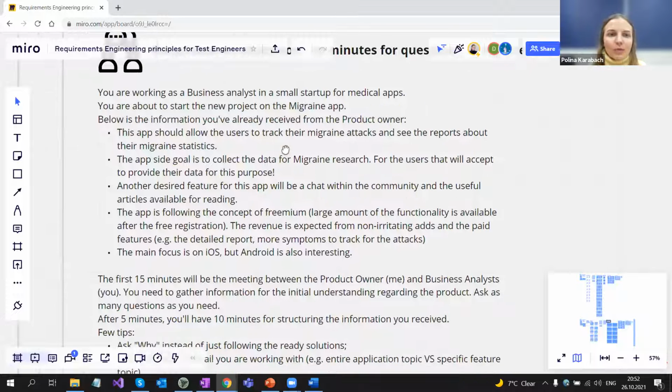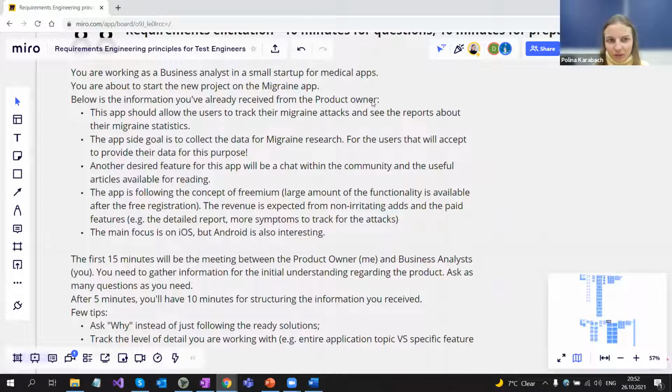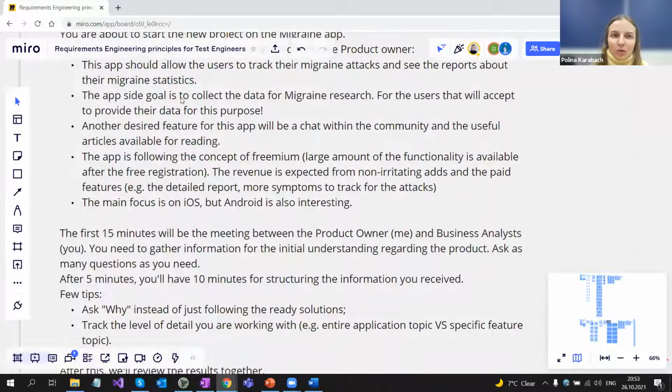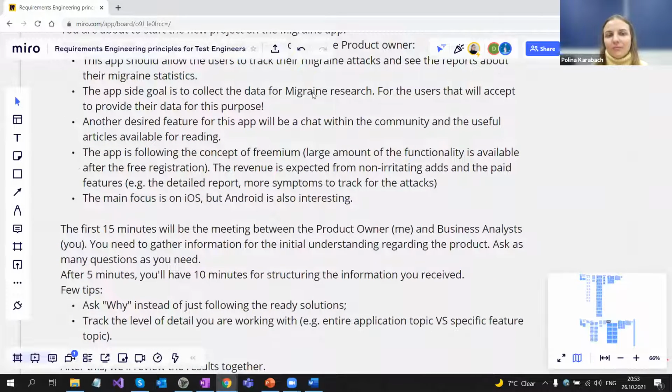We already have some information from the product owner. The app should allow users to track their migraine attacks, see reports and statistics. The side goal is to collect data for migraine research with the users' clear consent, so they have to accept it.